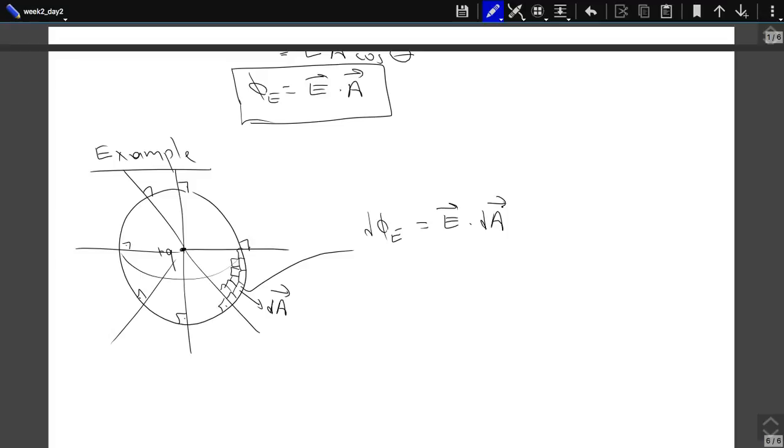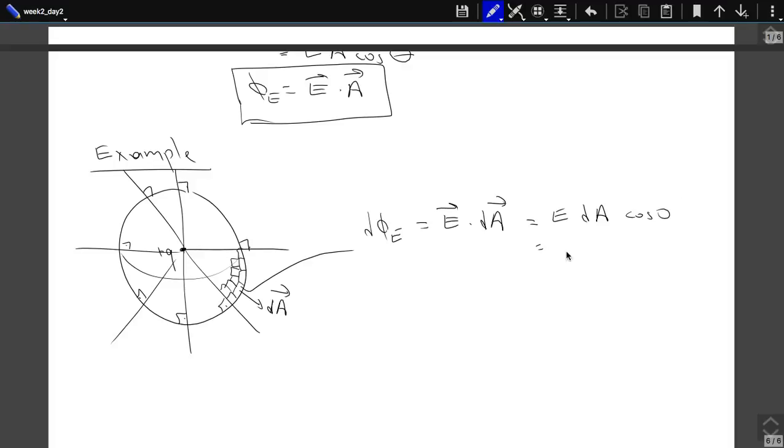But dA is perpendicular to this area. Electric field is also perpendicular to that area. So they are basically pointing in the same direction. E and dA, they are pointing in the same direction. So the scalar product is nothing but the product of their magnitudes. There is no cosine. The angle between them is 0, so cosine of 0 is 1.